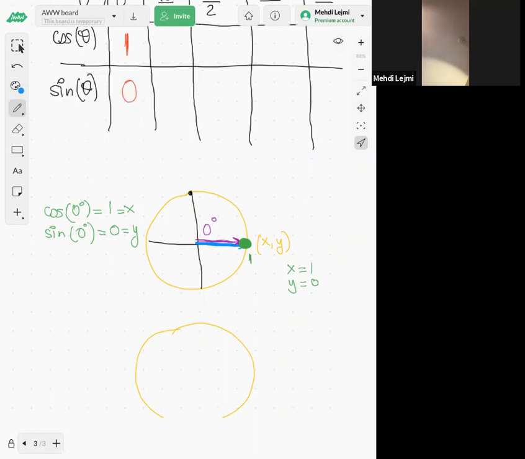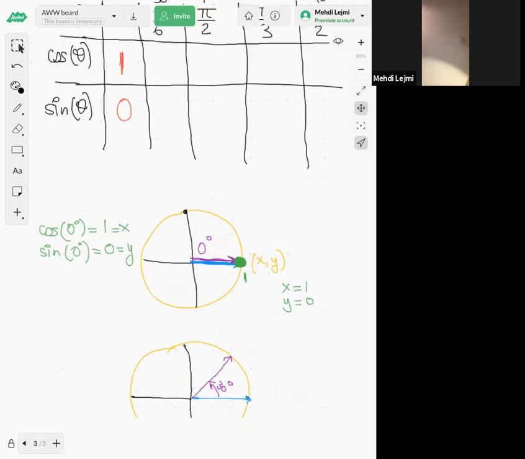This is supposed to be your initial side, and your terminal side is somewhere here, and this is your 30 degrees, pi over 6. All right, so all you have to do, guys, to find the sine and cosine... sorry, it's 3:50. I'm probably going to stop here because I have to explain how to get the cosine and sine of the 30 degrees, etc.